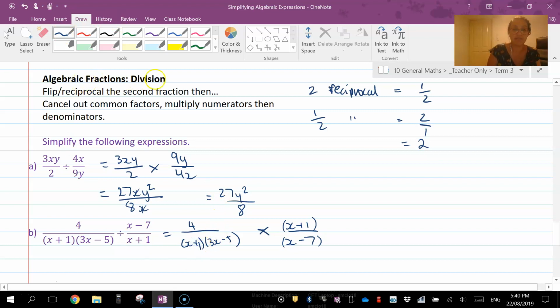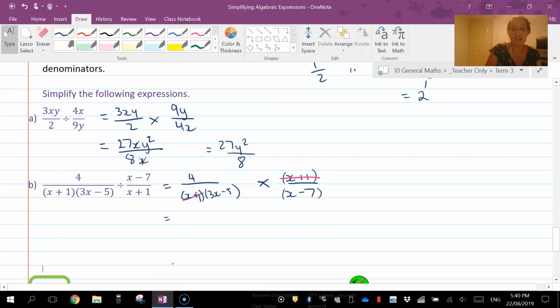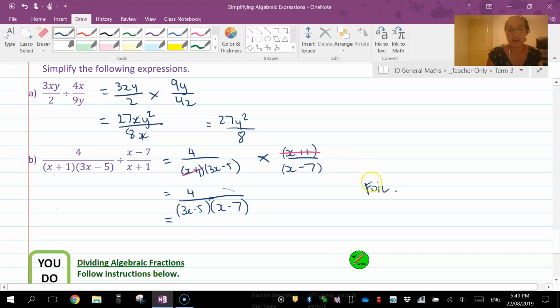Oh dear. If we have a look this way, we can cancel out those two. Then I'm just going to move that up a little bit. Depending on who you are, I like to call it FOIL because that reminds me which ones to do first, but you can use whatever mnemonic or memory aid assists you.